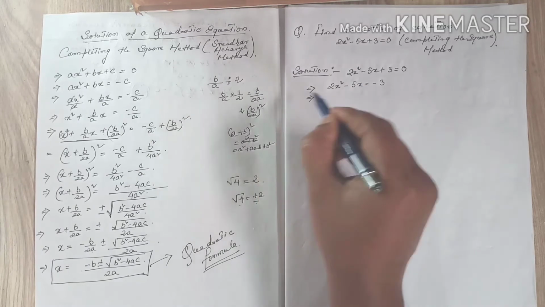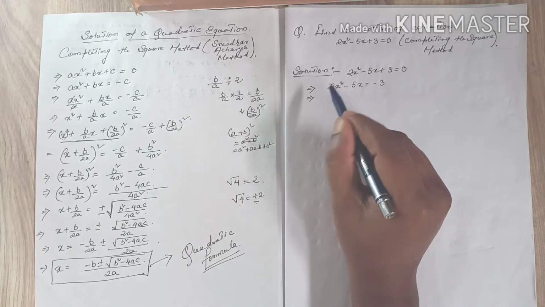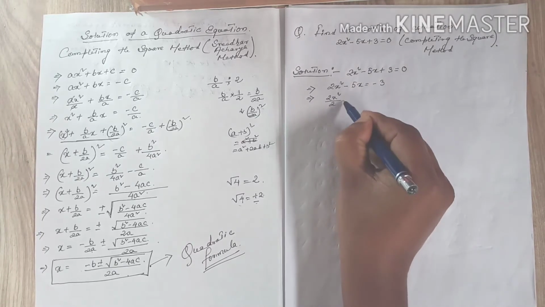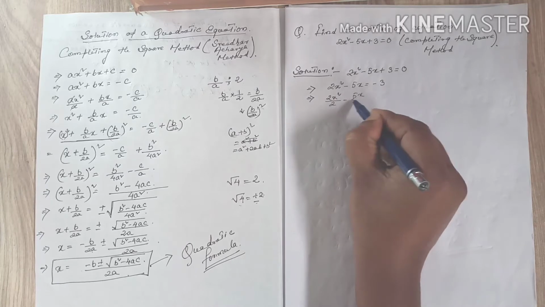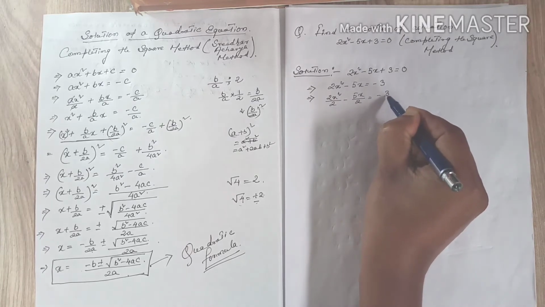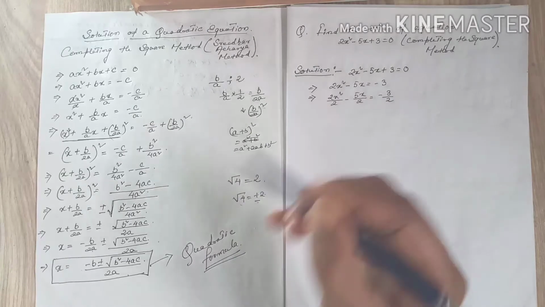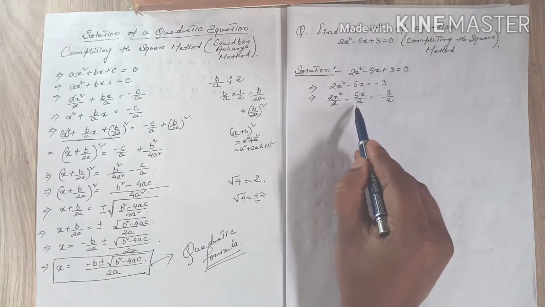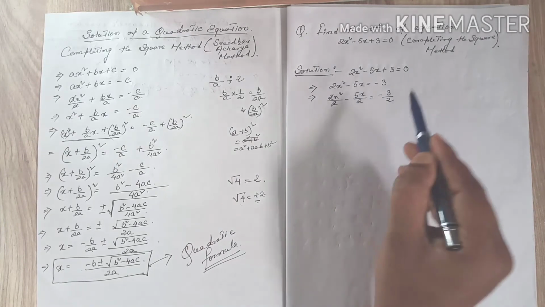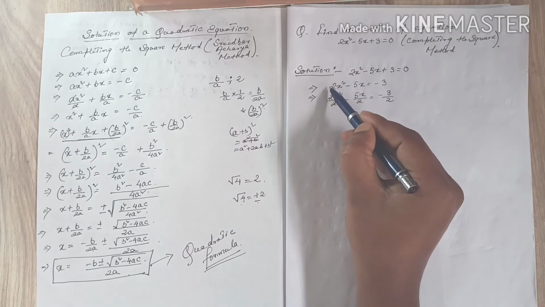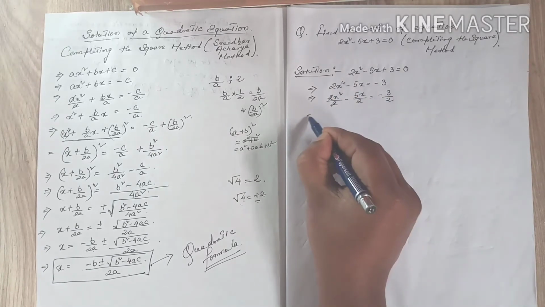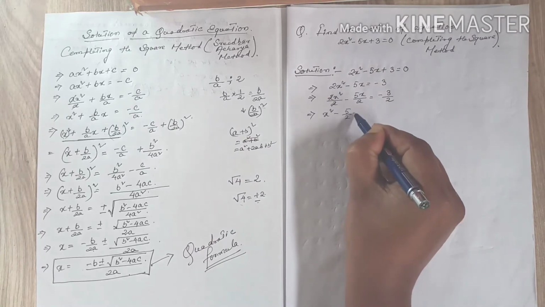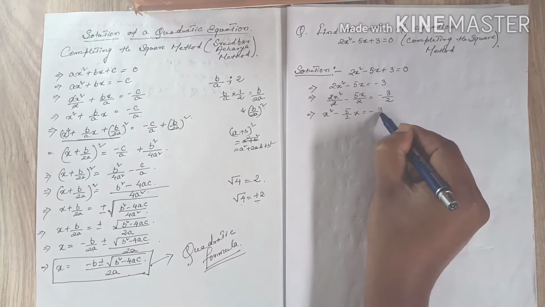So after simplification I got x square minus 5 by 2 x is equal to minus 3 by 2.